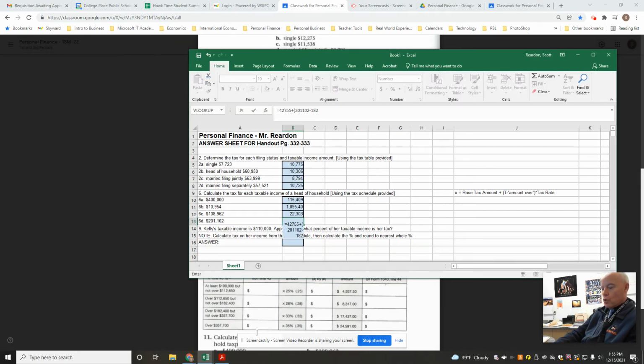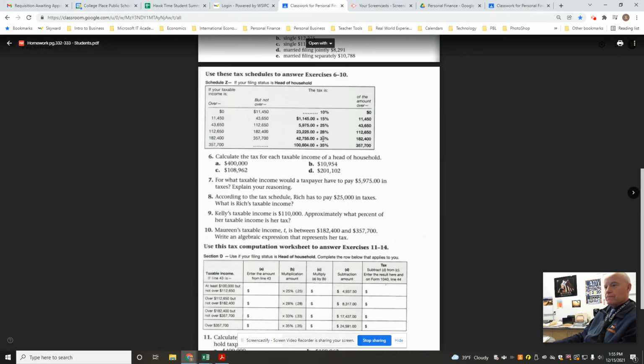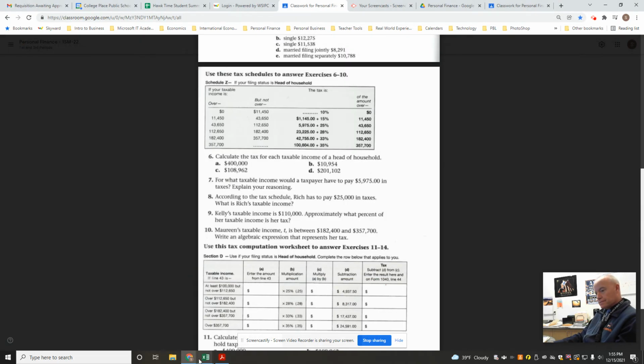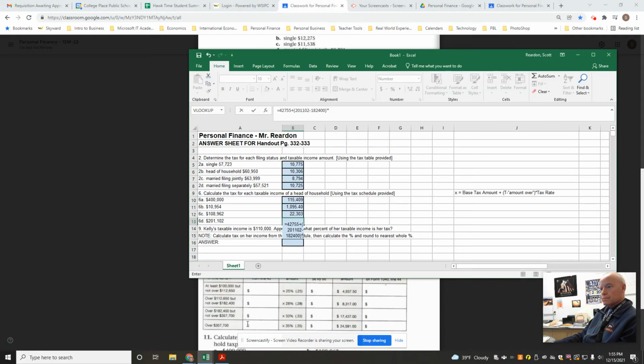So only the amount over 182,400 is going to be subject to a tax rate of 33%, 0.33.